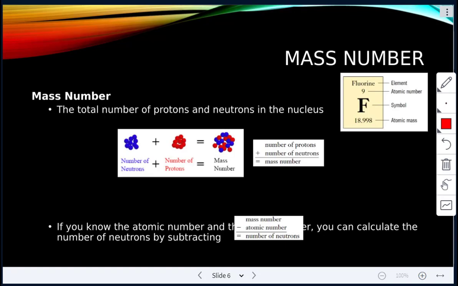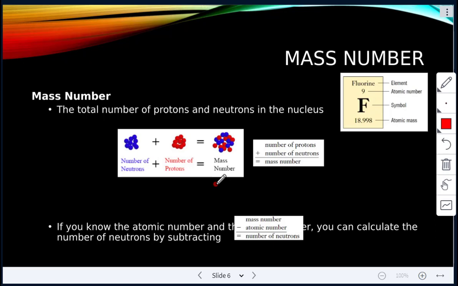Next we're going to look at the mass number and calculating neutrons. The mass number is the total number of protons and neutrons in the nucleus. The number of protons and number of neutrons added together gives us our mass number.